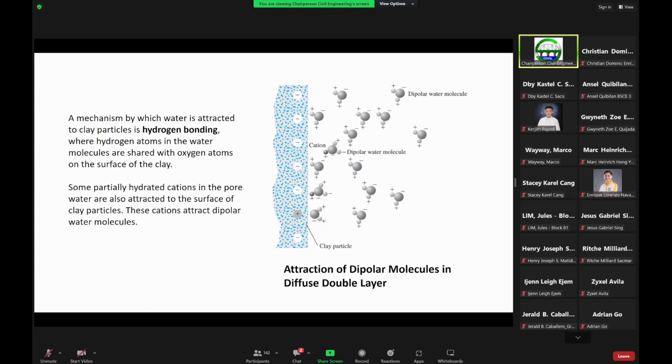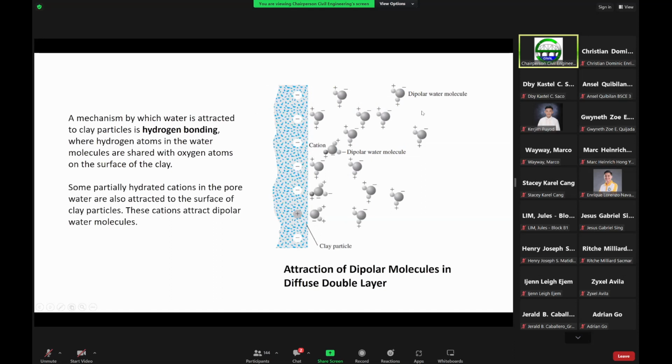A mechanism by which water is attracted to clay particles is what we call hydrogen bonding, where hydrogen atoms in the water molecules are shared with the oxygen atoms on the surface of the clay. Some partially hydrated cations are also attracted to the surface of the clay particles, and these cations attract dipolar water molecules.